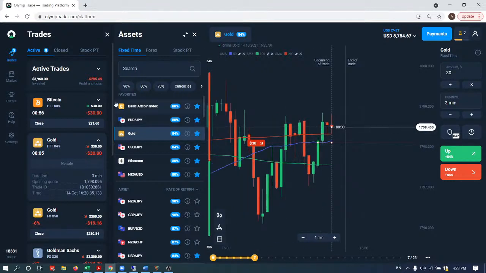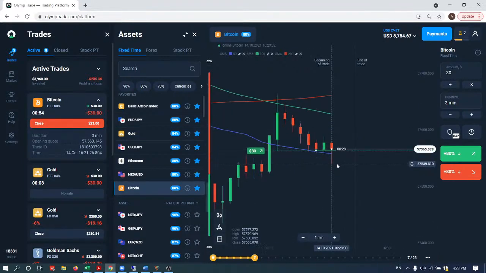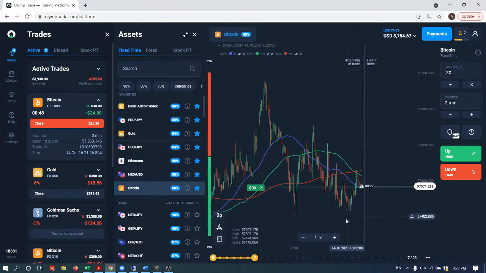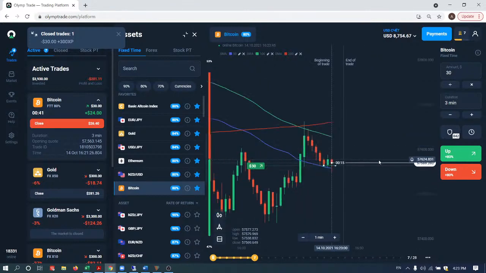So gold is a little bit too strong, and so Bitcoin, I think it should go up. So potentially it has this cup and handle formation, kind of making pullback, and then definitely going upwards.